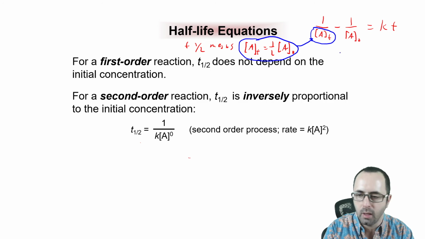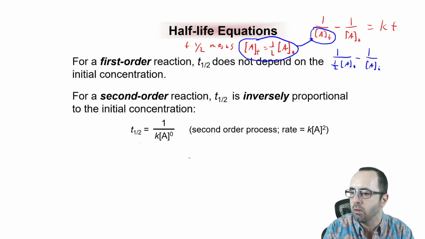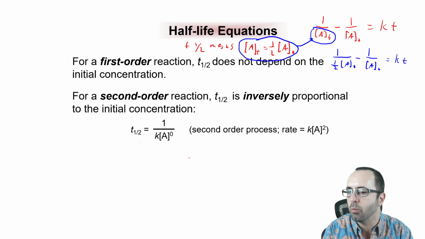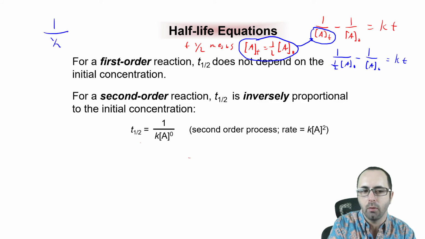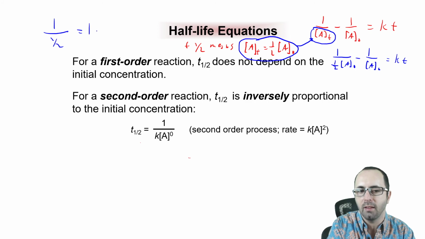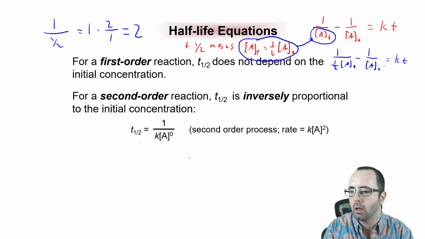And so what we get there is 1 over 1/2 times the initial concentration minus 1 over the initial concentration equals kT. And here what we have is 1 over 1/2. Remember when you divide by a fraction, that's the same as multiplying by the reciprocal, so 1 times 2 over 1, that is 2. So what we've got is 2 over the initial concentration minus 1 over the initial concentration.